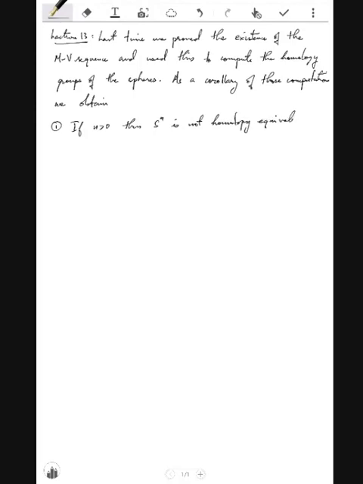As a corollary of those computations, we obtain: if n is strictly greater than 0, then S^n is not homotopy equivalent to a point.